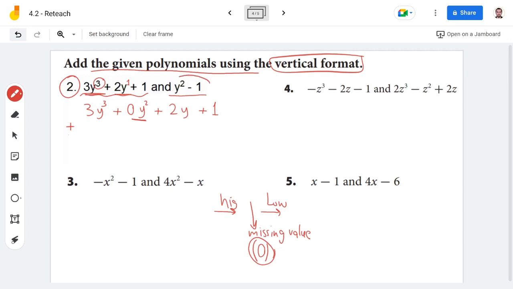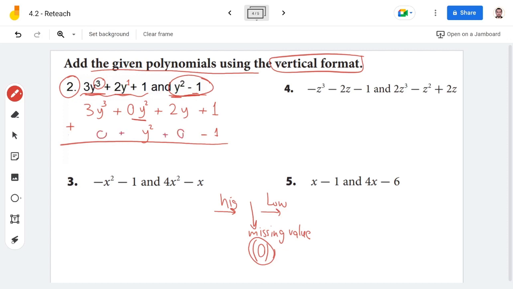Now check the second polynomial. You replace this one here. So y to the power of 2, you put below y to the power of 2. Negative 1, you put here below the 1. Now you do it vertically. Any missing part here will be 0.